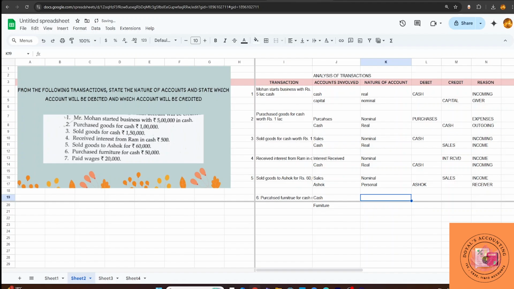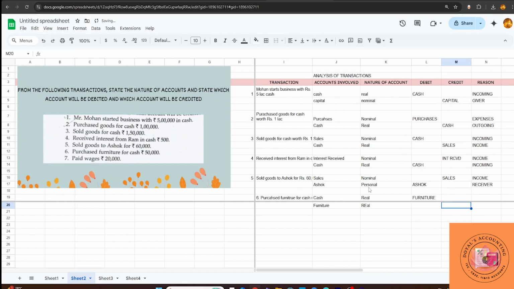Now, both these accounts are assets, and all assets are real accounts, right? So, by nature, both are real. And what is the rule of a real account? Debit what comes in and credit what goes out. In this case, what is coming in? Furniture is coming in. So, we will debit furniture.